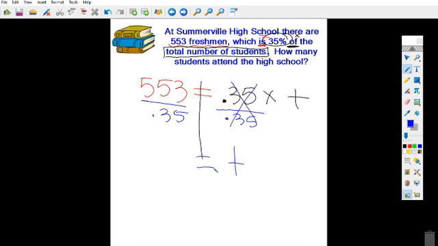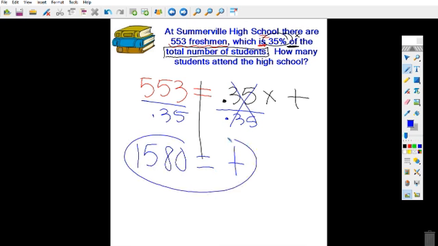We would get T equals 553 divided by 0.35. You should get 1,580 for your total number of students. Okay? Make sure you know how to do that on your calculator. All right.